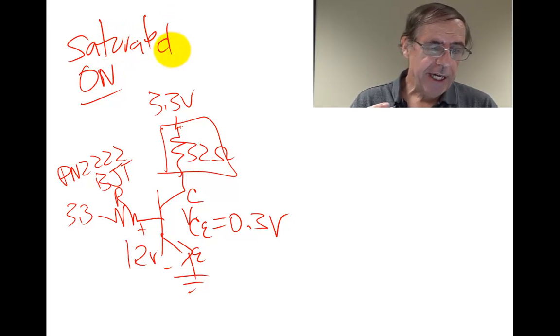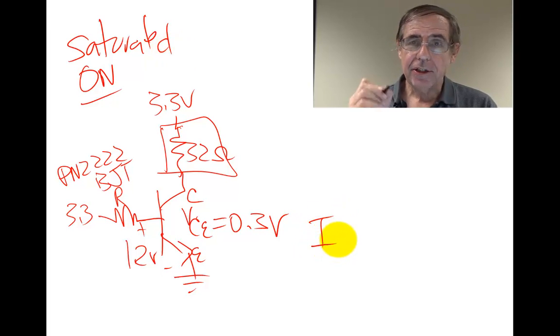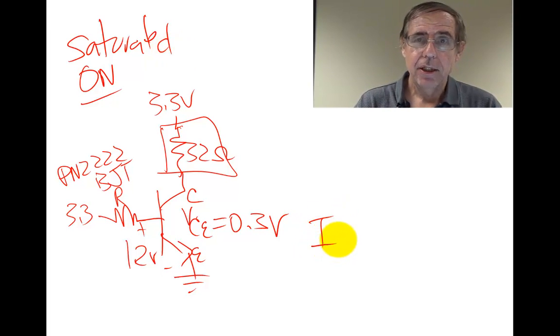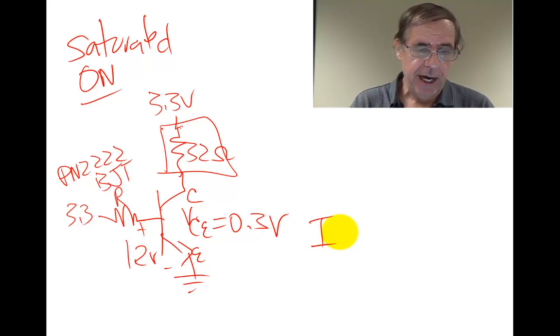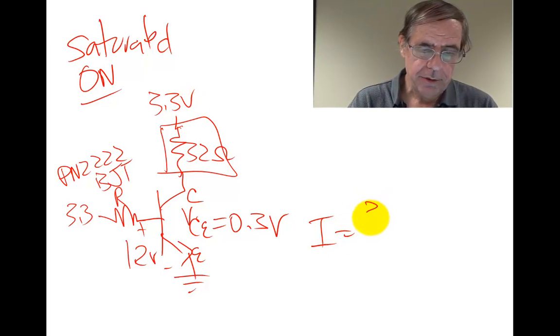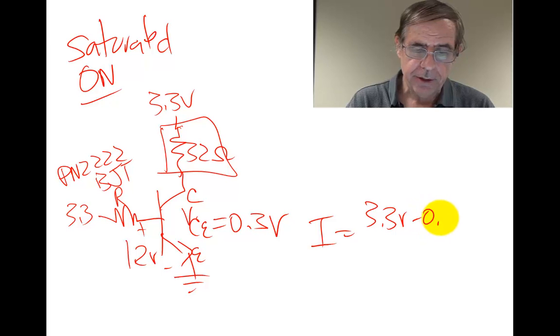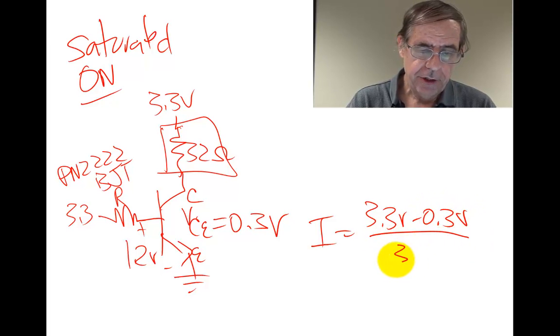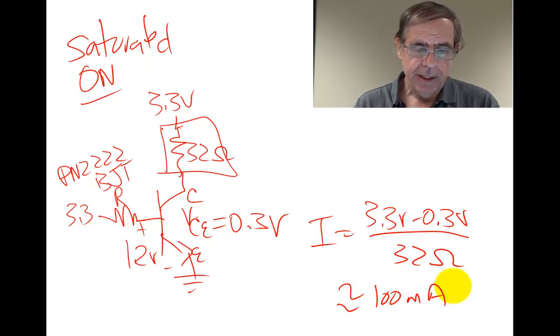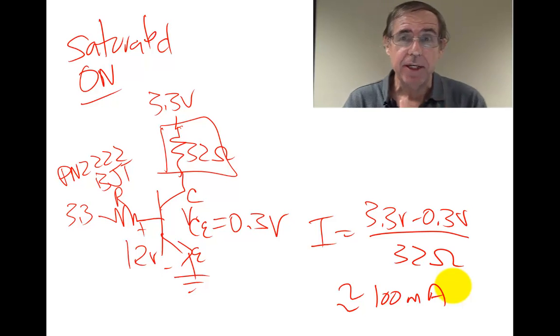In saturated mode, we can see that the current here is going to be large. We can use Ohm's law to find it: 3.3 volts minus 0.3 volts over 32 ohms, which is about 100 milliamps. Now you can see why we didn't hook it up to the microcontroller.